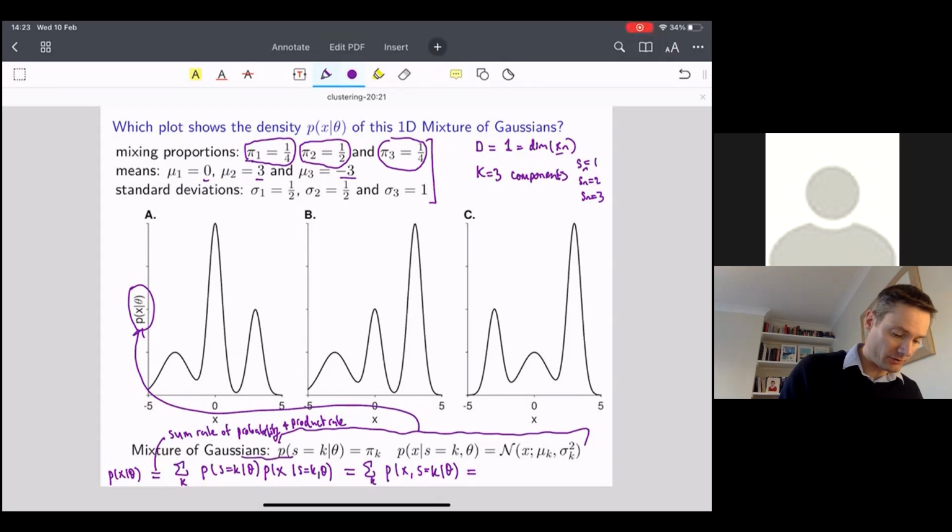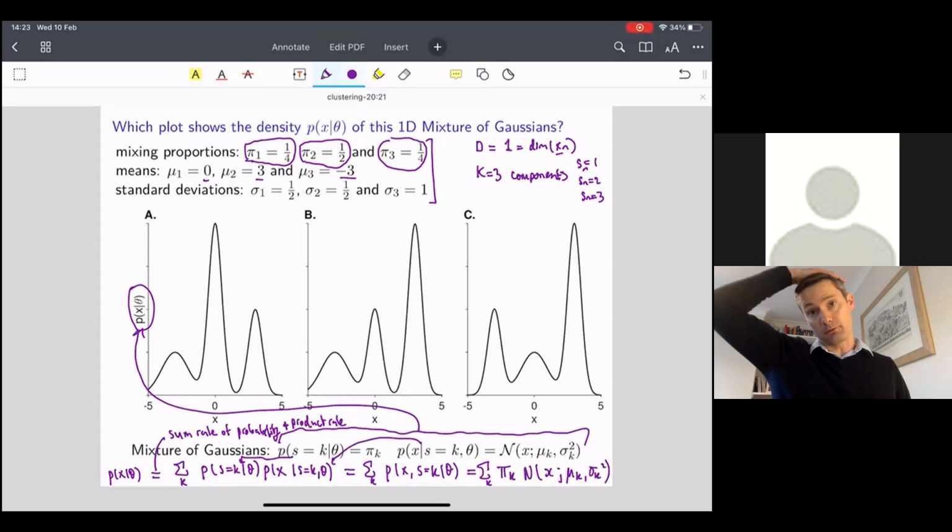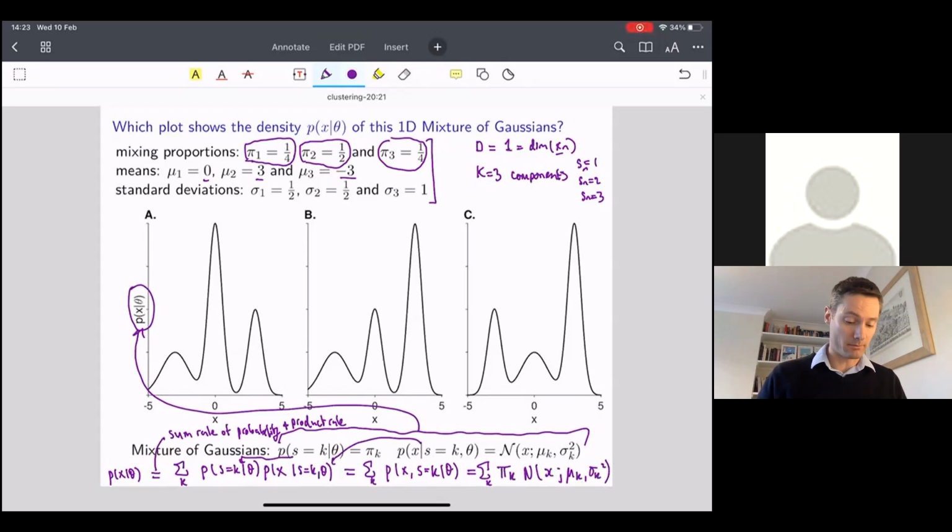We can now substitute these 2 into here. This one gets substituted into here, and this expression gets substituted into here, and we get the following expression: p of x given theta is equal to the sum over k of pi k, that's just p of s given theta, times the Gaussian in x with a mean mu k and a variance sigma k squared. So just apply the sum and product rules and we end up being able to connect p of x given theta to the quantities in the model.